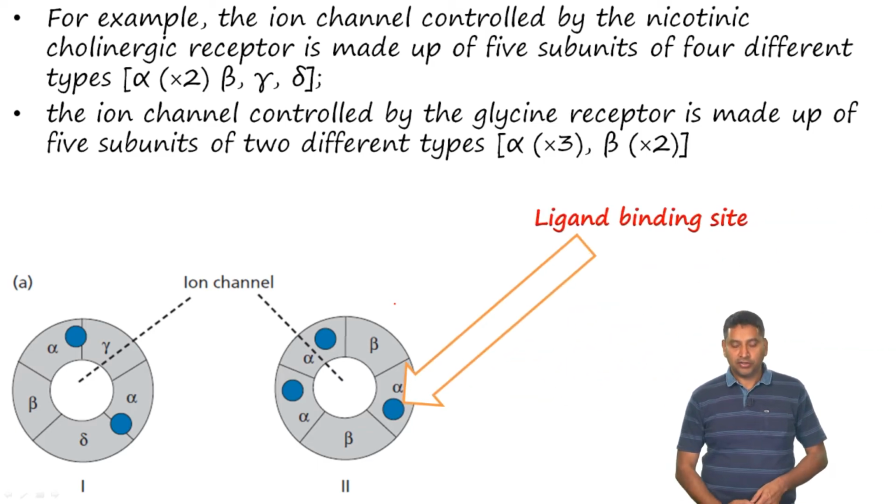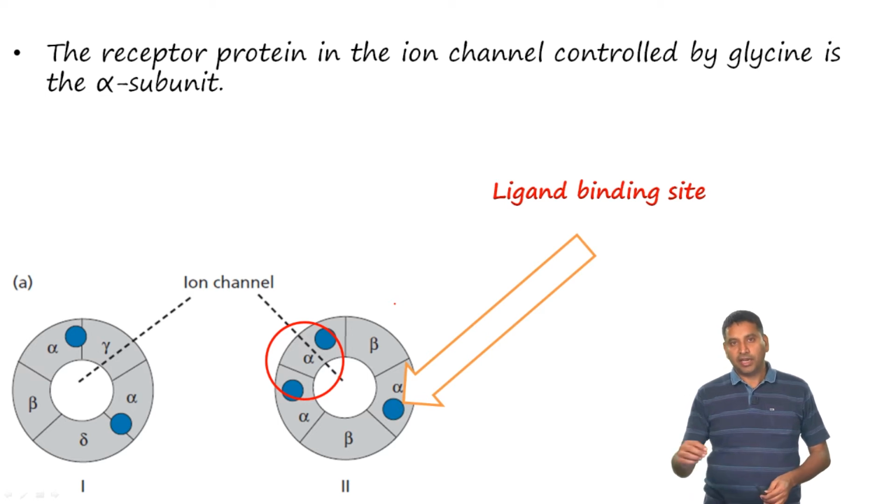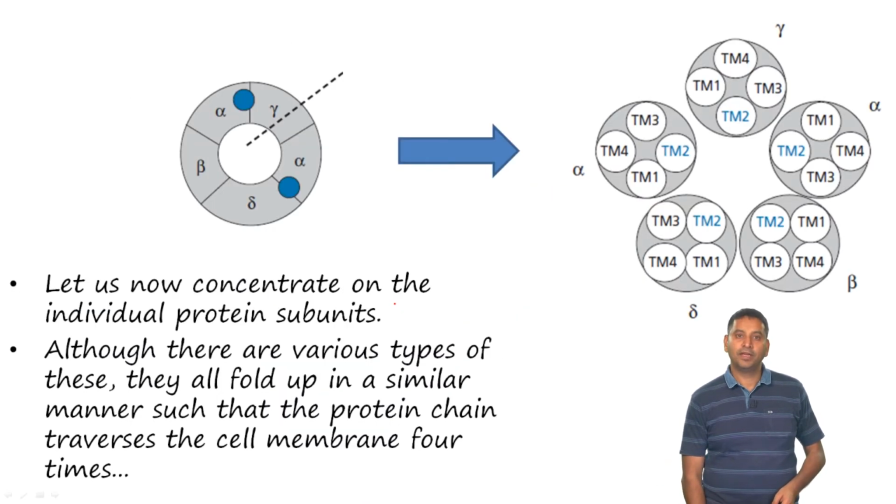Over here, the light blue colored circle indicates the ligand binding site. In this particular case, this is where glycine binds. In the ion channel controlled by glycine, the receptor protein is the alpha subunit as shown here.